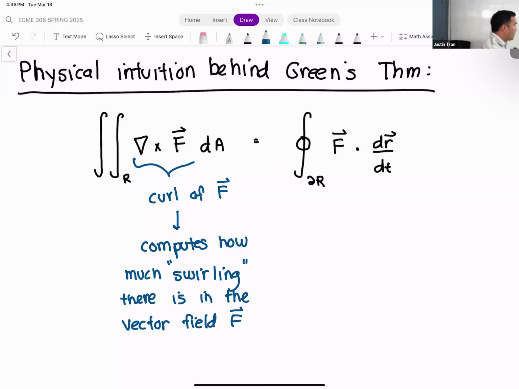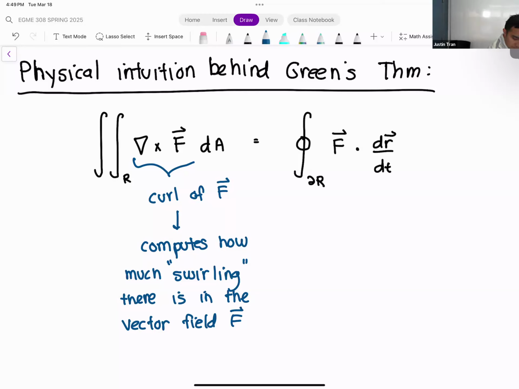Okay. Because remember, for any given vector field F, we have a vector quantity associated with every XY coordinate. And if those vector quantities are going around in a circle or tend to swirl, that's going to show up in the curl of the vector field.